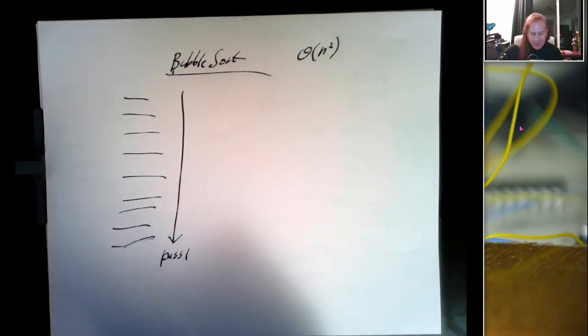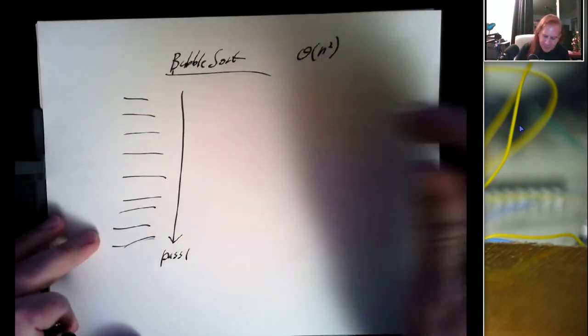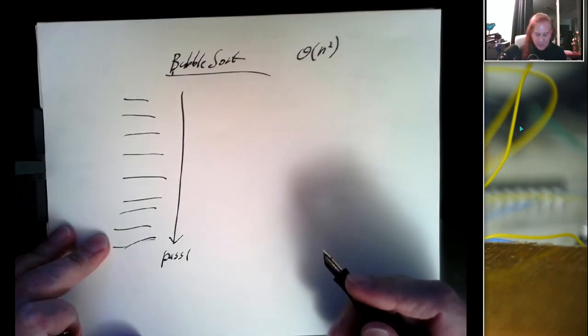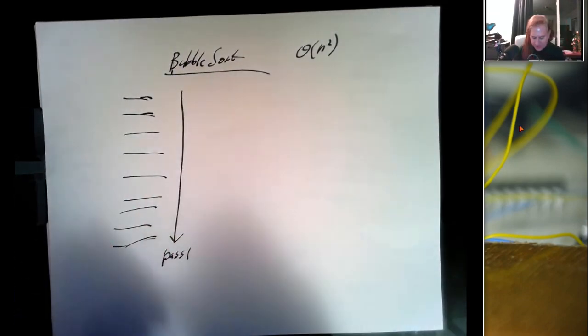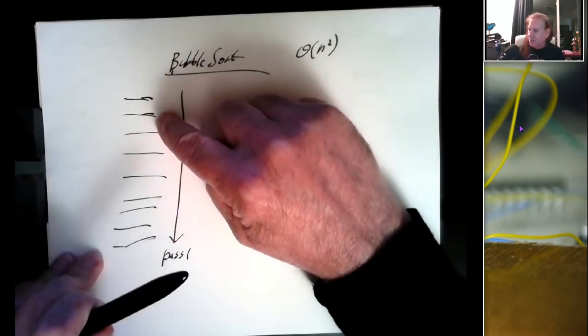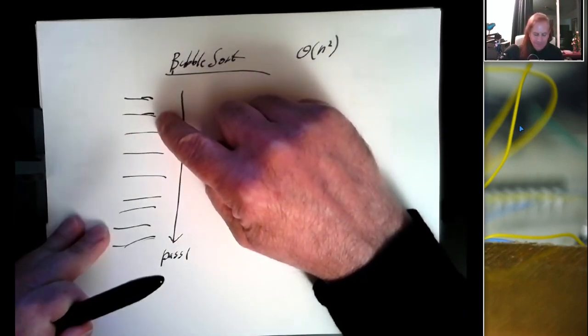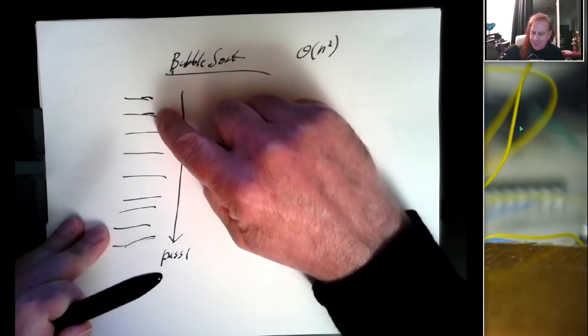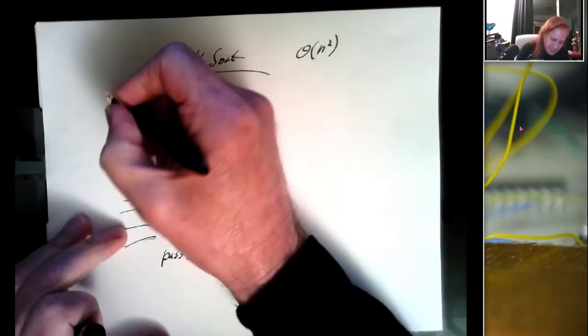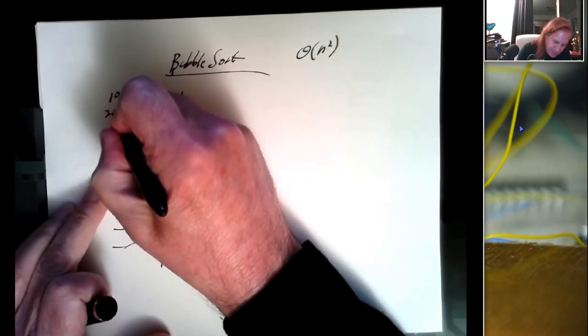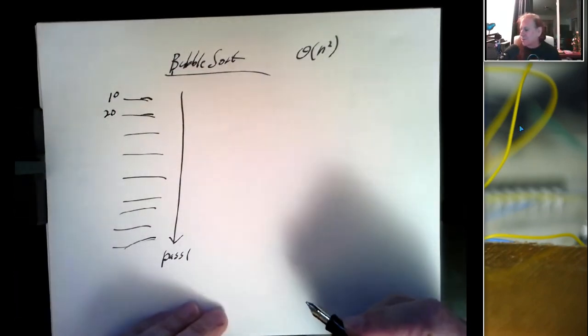So this is an array, right? And it's got, let's just say, a set of integers stored in it. And so what we do is we compare the first two numbers to each other. And if the first number is smaller than the second, we don't do anything. Because if the second number is larger, it should be below the first number. So if this is a 10 and a 20, we're going to leave those alone.